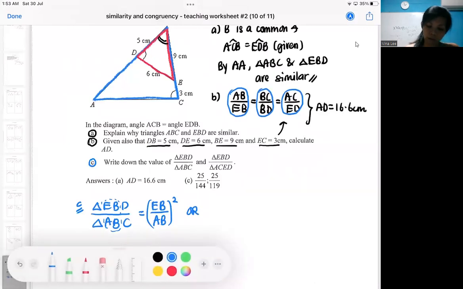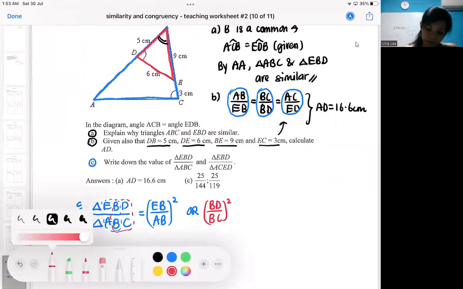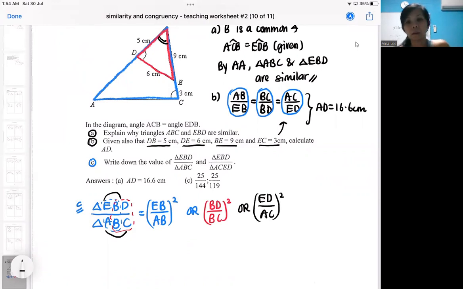Or you can take this ratio and square it. Take any of the length ratios and square. That is the meaning of the formula.